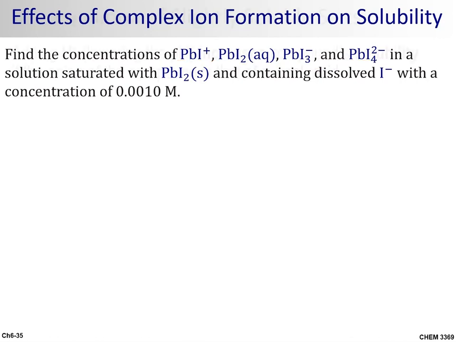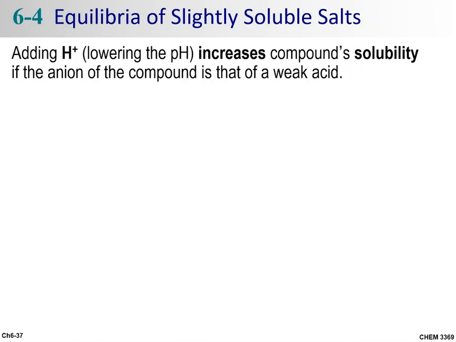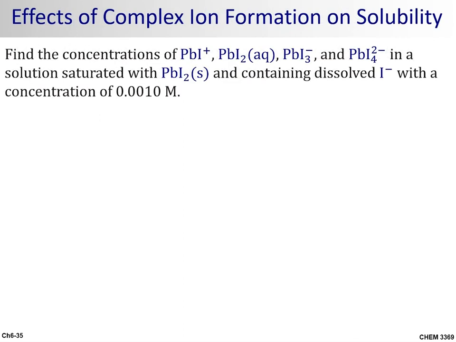So for this, I don't have the reactions here. PbI+ is formed when Pb2+ reacts with iodide. The possible product is PbI+.